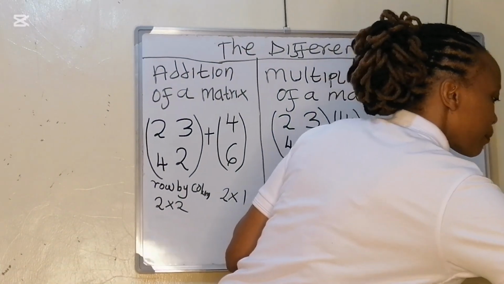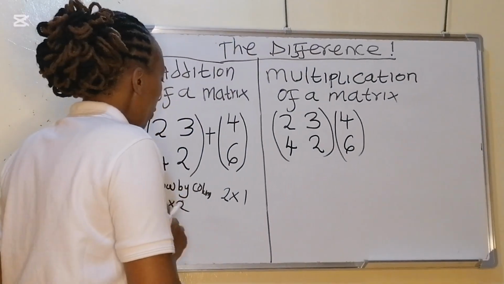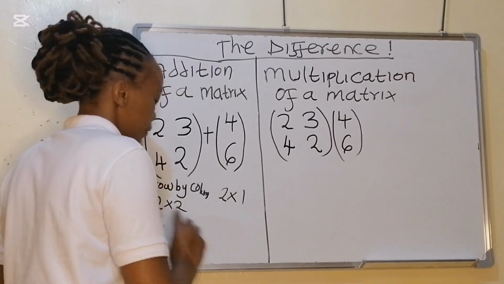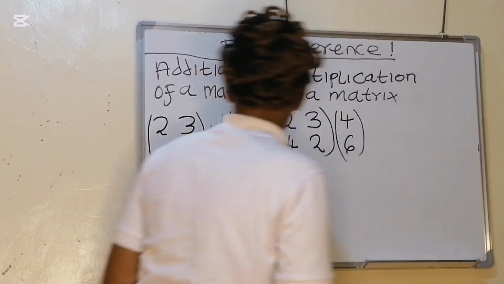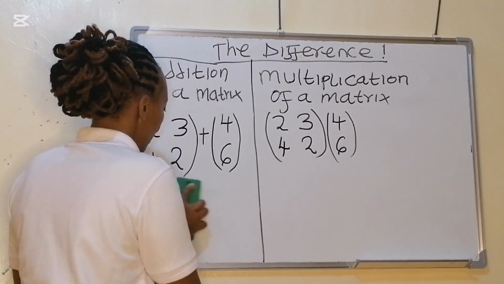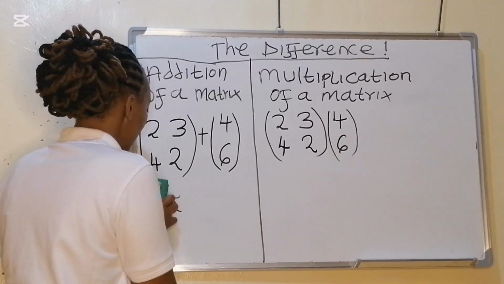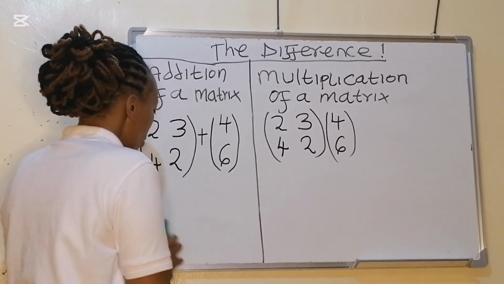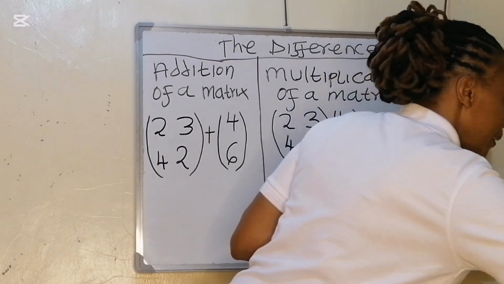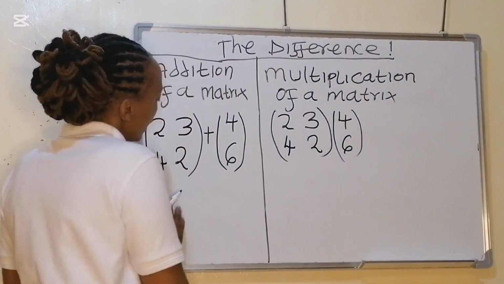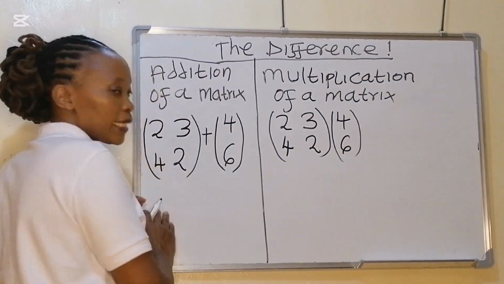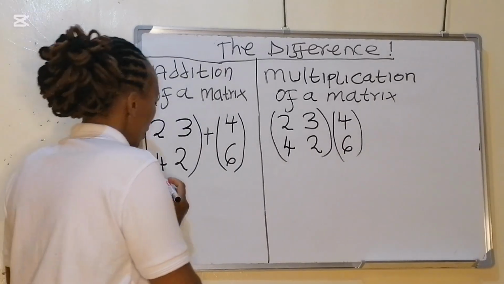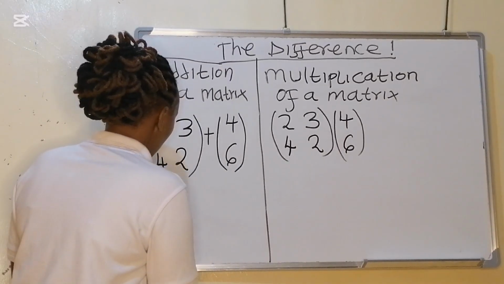For you to add a matrix, the rows of the first matrix must be equal to rows of the second matrix, and the columns of the first matrix must be equal to the columns of the second matrix.